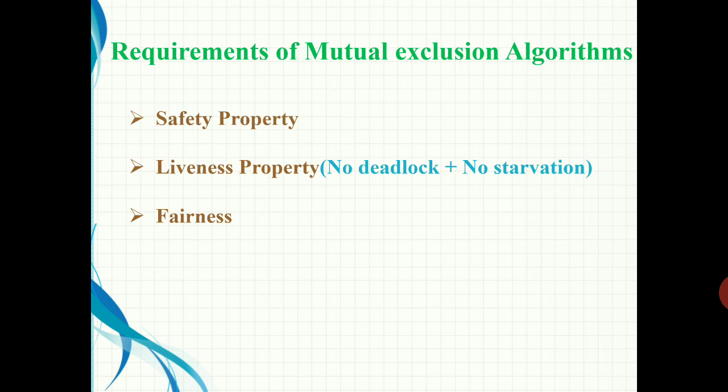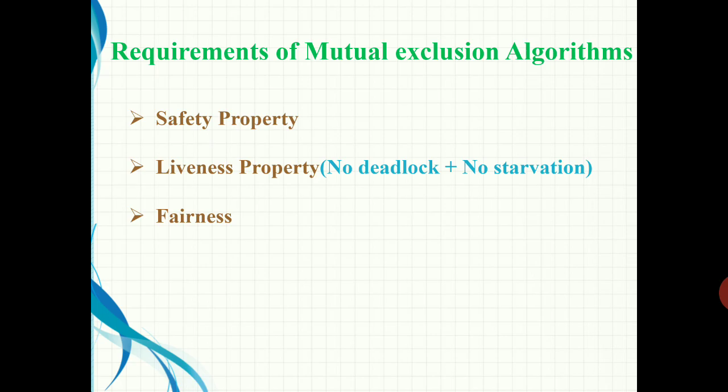In the case of deadlock, no process is executing its critical section. Two or more sites should not endlessly wait for messages which will never arrive. That is, endless waiting should be avoided.